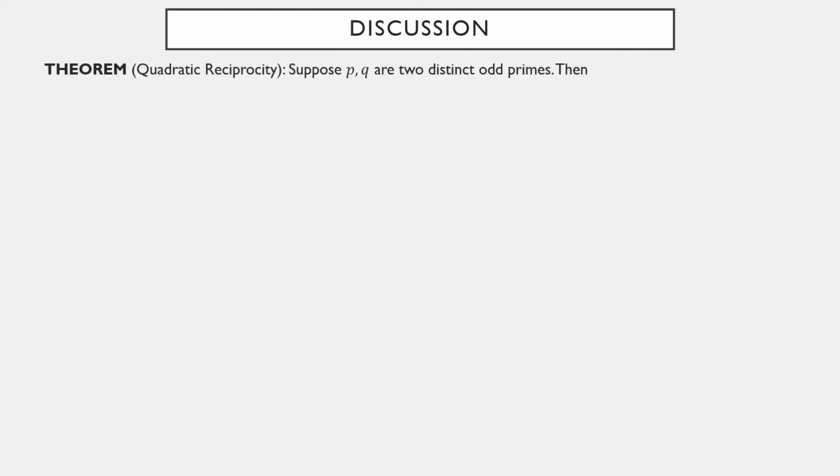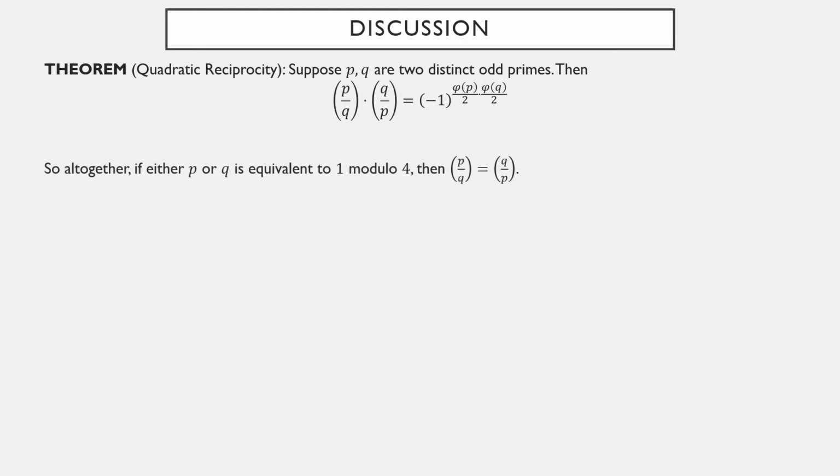So here's the statement of the law of quadratic reciprocity again. Altogether, if either P or Q is equivalent to 1 mod 4, then one of these two numbers is even, and if one of them is even, the whole exponent is even. Then I get -1 to an even power, so this becomes +1. If the product of these two is +1, then they are equal to each other.